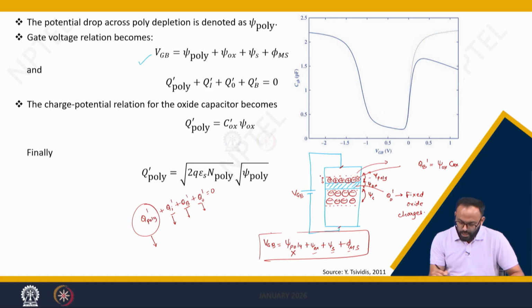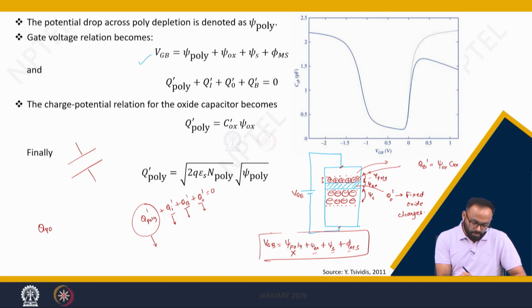However, if you do have a parallel plate capacitor, you can take any charge to write the equation. Similarly, Q poly dash is nothing but C OX dash into gamma into square root of psi poly.